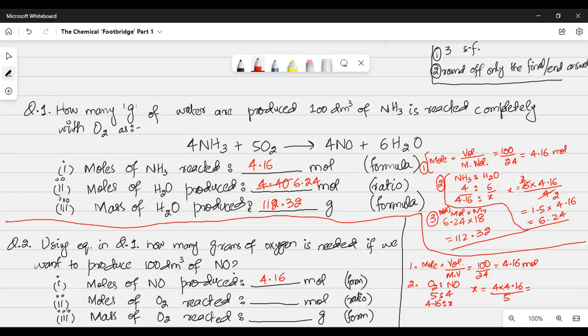Sir, the answer in the calculator is 3.3. I basically did the same thing, but I wrote 4 ratio 5 divided by 4.16 over x. This is a little bit difficult for me to understand. And when you rearrange it to get the value for x, do you get the same equation that I've written over here?